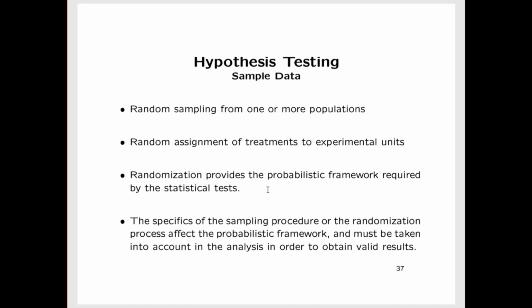The manner in which we randomly sample from a population, or the manner in which we randomly assign treatments to experimental units, really determines that probabilistic framework. And it's the probabilistic framework that determines the appropriate method of analysis, the appropriate statistical model, and the appropriate analysis of that model. And so we must take into account the specifics of the sampling procedure or the randomization process in order to perform an analysis that will give us valid results.